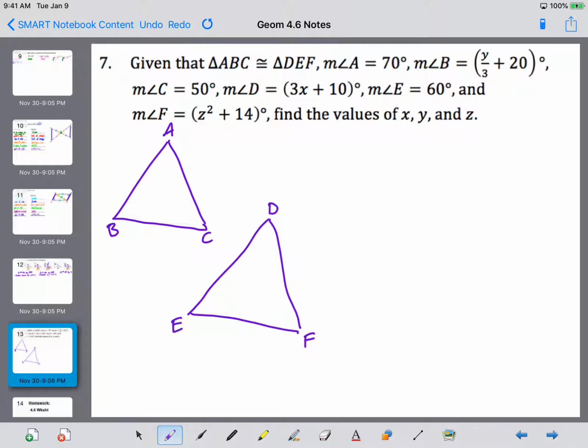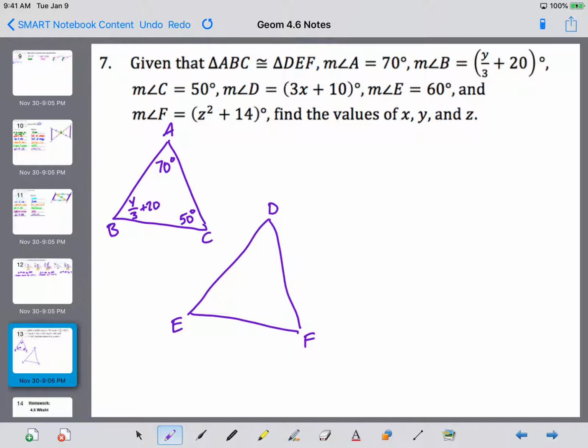All right. And they tell us angle A is 70 degrees. Well, that means angle D will have to be equal to that. But let's see what else we have. They tell me angle B is y divided by 3 plus 20. And then they tell me angle C is 50 degrees.